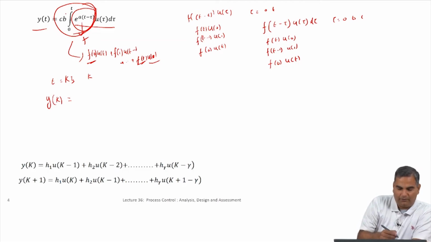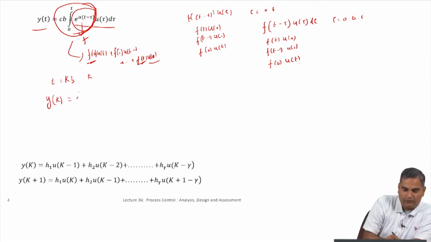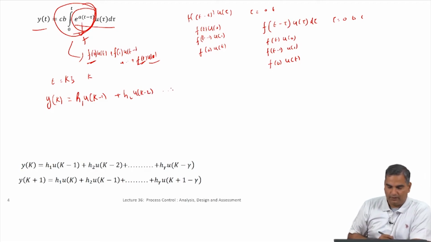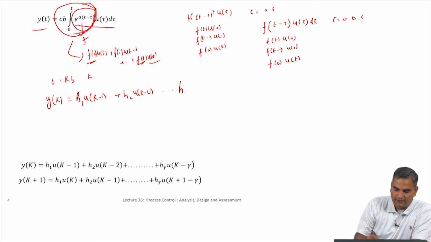It is just a slight change of notation. So, I am going to say h1 u k minus 1, h2 u k minus 2, all the way up to h gamma u of k minus gamma.